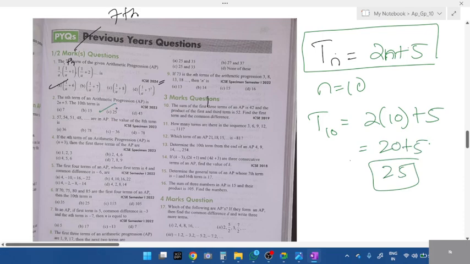Option C. Practice, write this answer, all of you. The nth term of AP is 2n plus 5. Write the equation, n is equal to 10. Substitute.